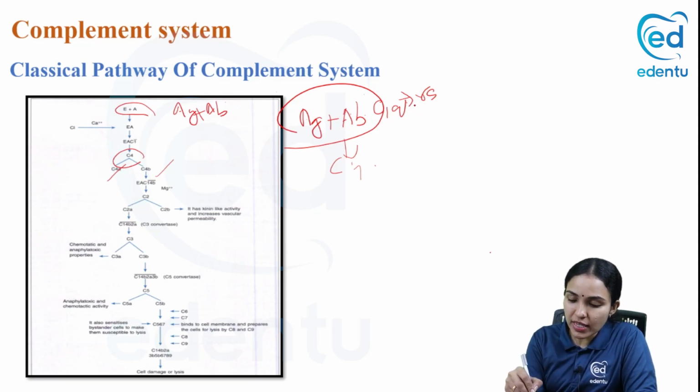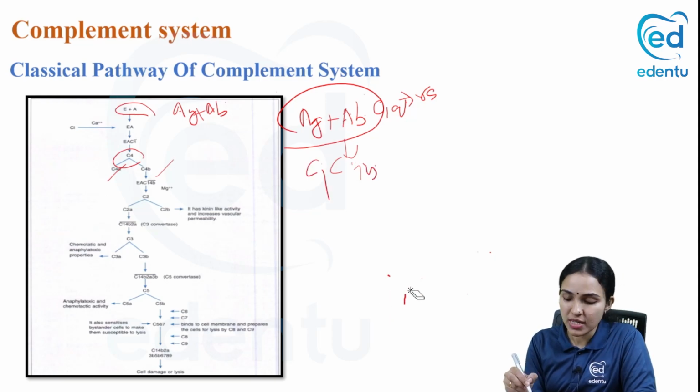So we have the antigen antibody complex with C1. Along with C1, the next thing that is joining the cascade is C4B. So after C4B, what happens? See, now it is the antigen antibody C1 4B. It is the next complex that is formed.